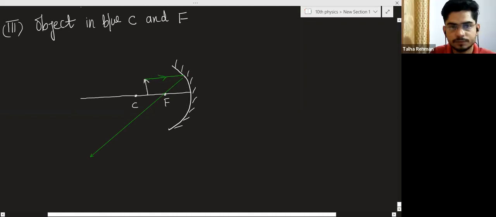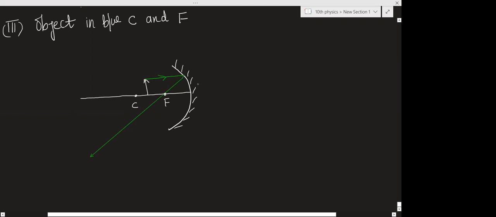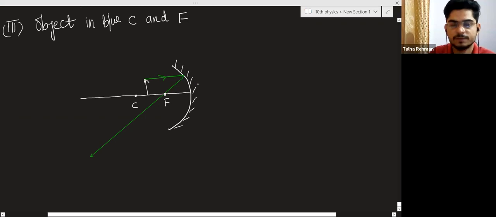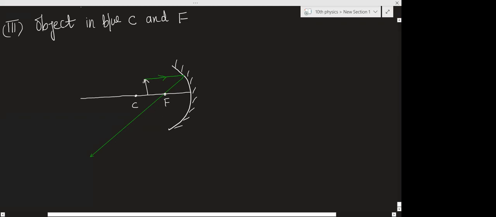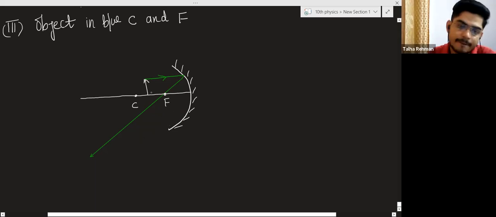So we can do like this. After reflection, it will pass from focus.